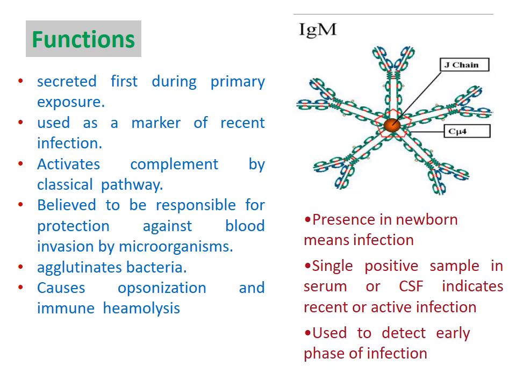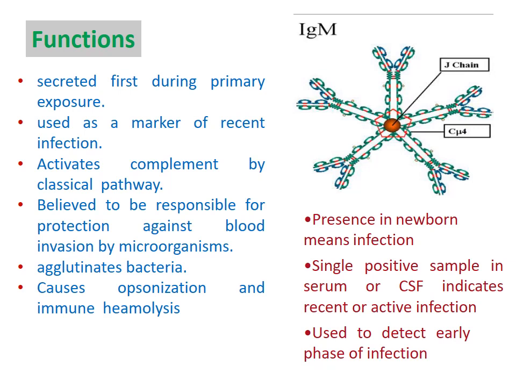It activates complement via the classical pathway just like IgG, and it is believed to be responsible for protection against blood invasion by microorganisms. It agglutinates bacteria and causes opsonization and immune hemolysis. So it has several utilities.